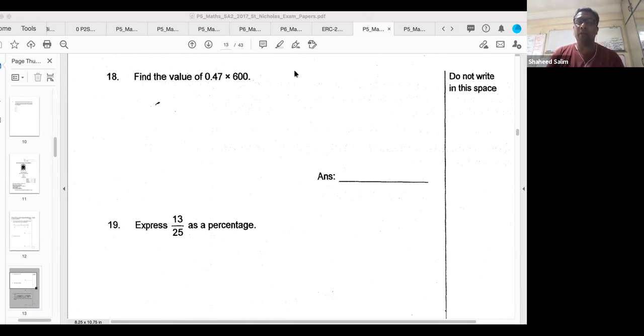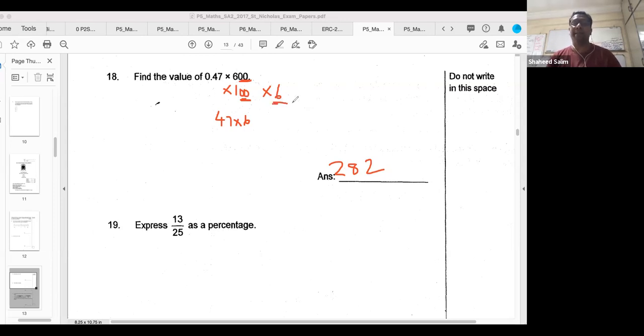Now this one, for those of you not sure, you can change this to 100 times 6. So you shift two zeros. You're going to multiply by 100. You get 47 times 6 now. And when you get 47 times 6, you get 282. So the first step is to times the 2 zeros, you shift 2 places, you get 47.